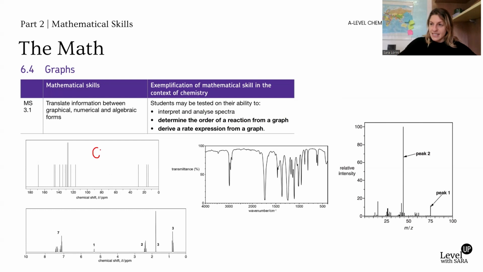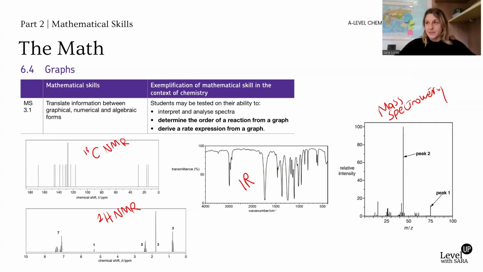So this is carbon-13 NMR. This is hydrogen NMR. This is infrared spectroscopy, and this is mass spectrometry.